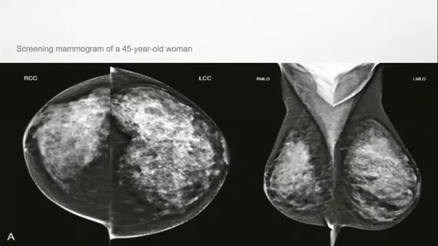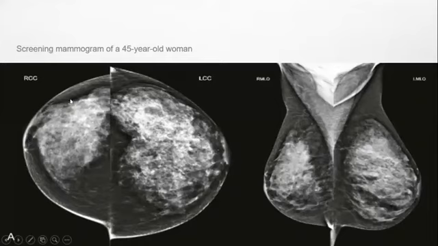So, obviously here we have asymmetry. The right breast is significantly smaller compared to the left breast. If we concentrate, there is even a subtle change in the contour here, and there is some thickening in the periareolar skin.